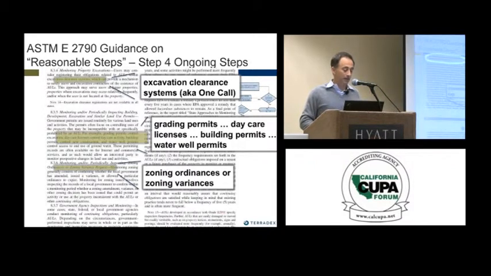Like checking for whether there's excavation into engineered caps. There's other examples, like it recommends perhaps using a one-call system to make sure you're finding out about excavations.